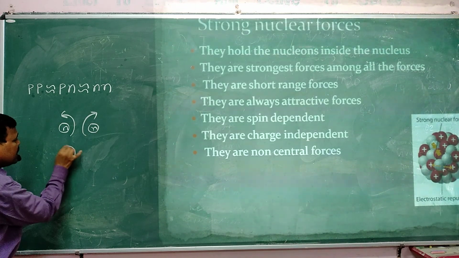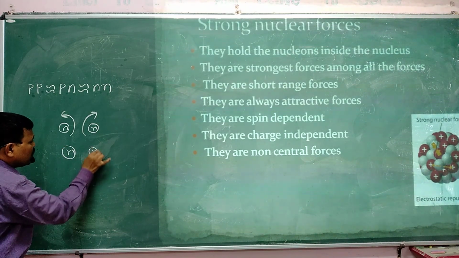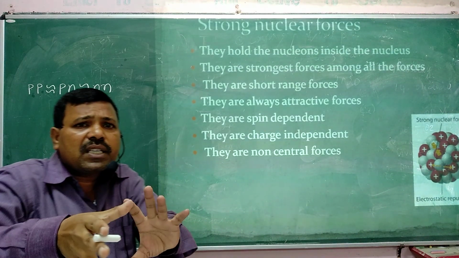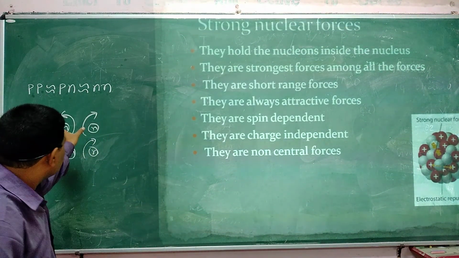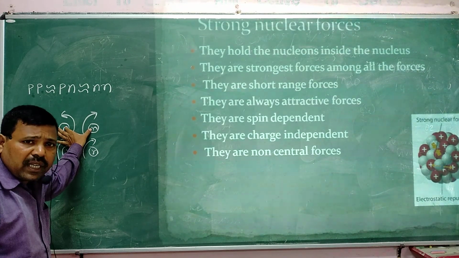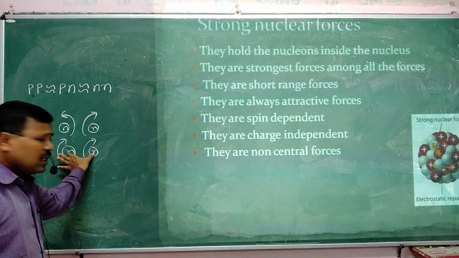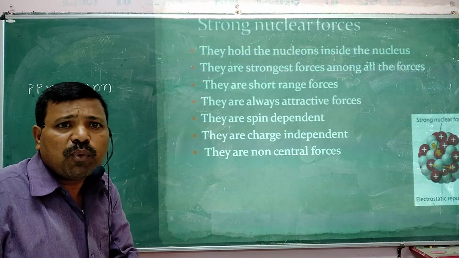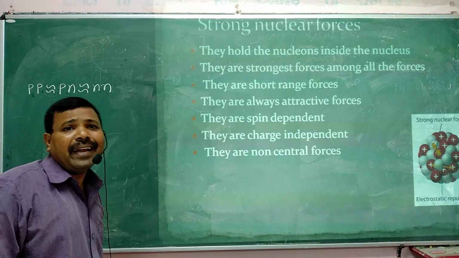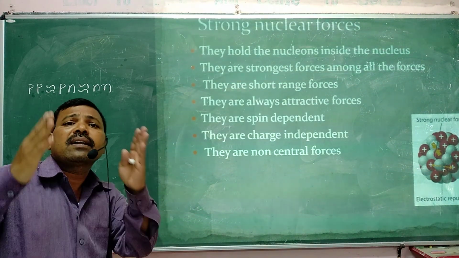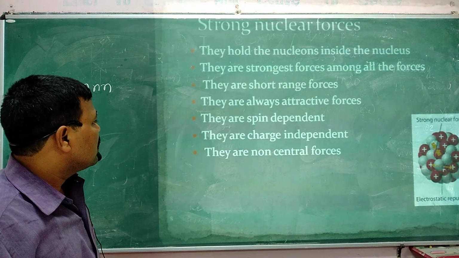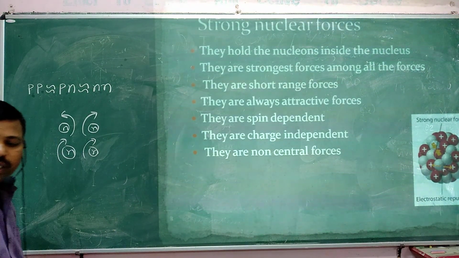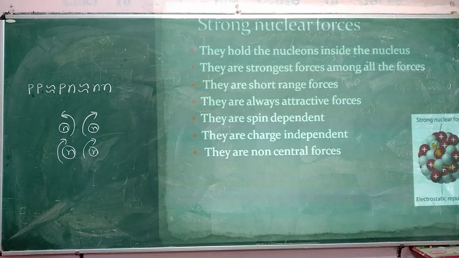Whereas, if you consider one neutron and the other neutron spinning in the same direction, this force is different from the previous force. So, the nuclear forces are spin dependent and independent of charge, and these nuclear forces are non-central forces.